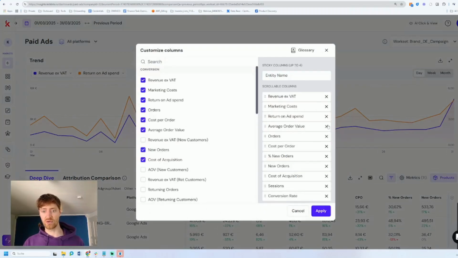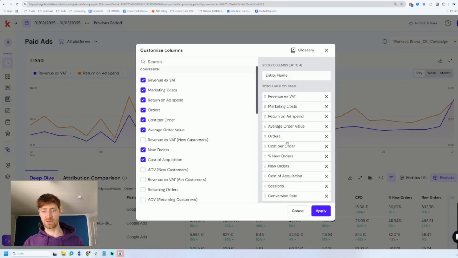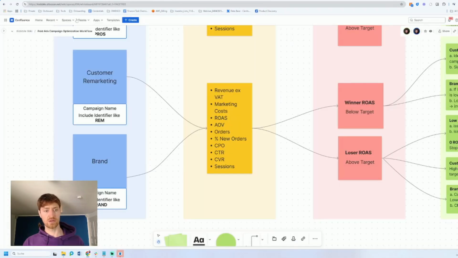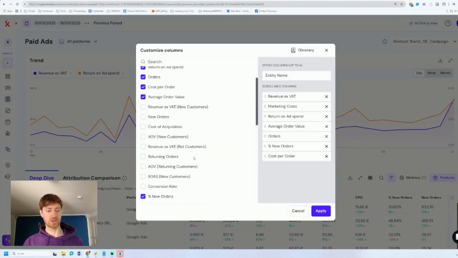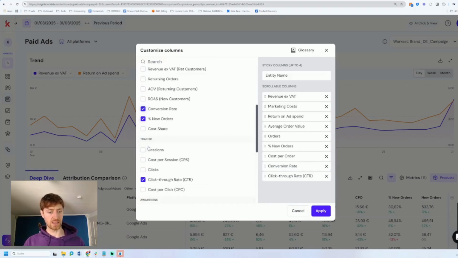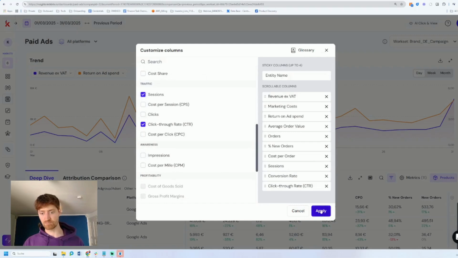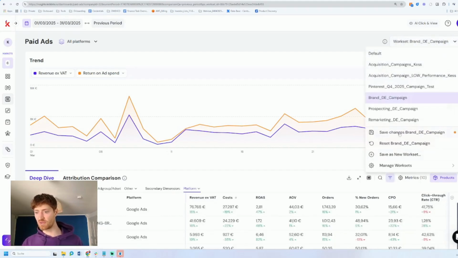We have revenue, ROAS, AOV, orders, new share of customers, then we have the cost per order, click-through rate, conversion rate, and sessions. Yep, click apply. And then we save the new changes to the view.